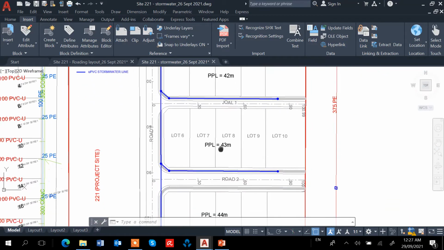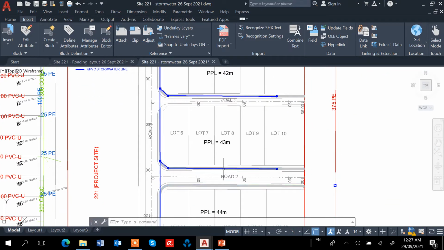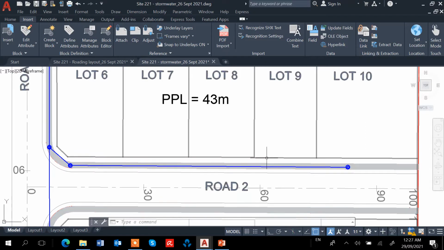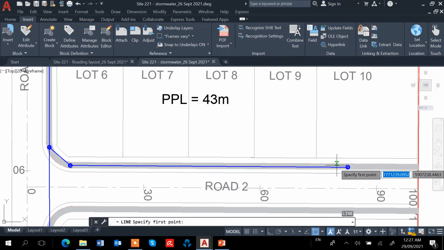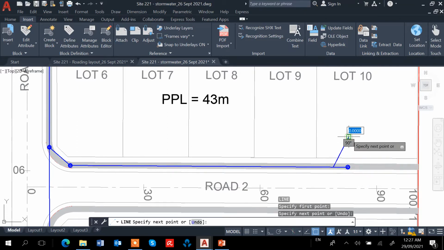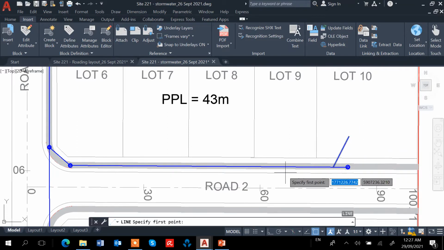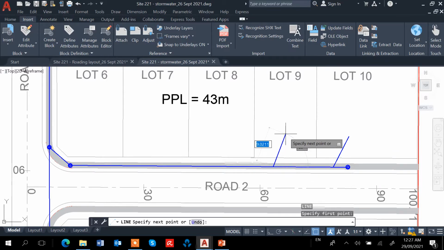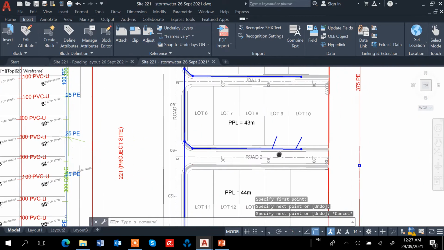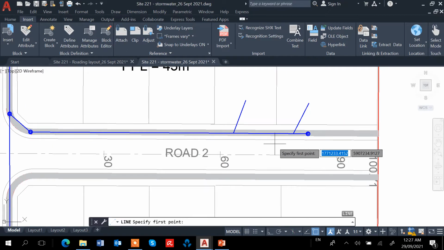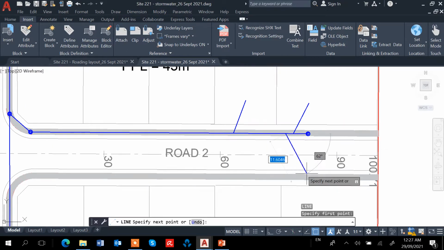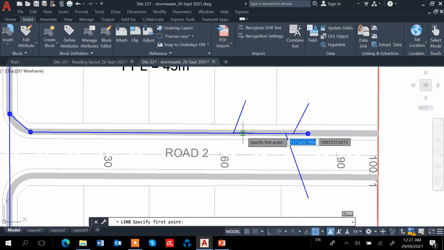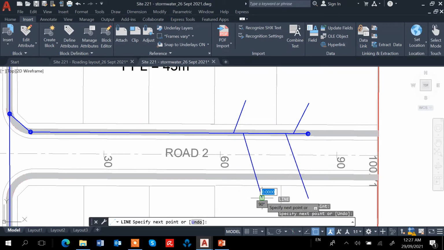So this pipe here, the contractor just needs to put a line. For example, we are not going to draw that. So you need to put a connector here. For each lot they're going to put one here, and for this side, probably they have to put it over here, the connector, so the stormwater pipe from the gutter.